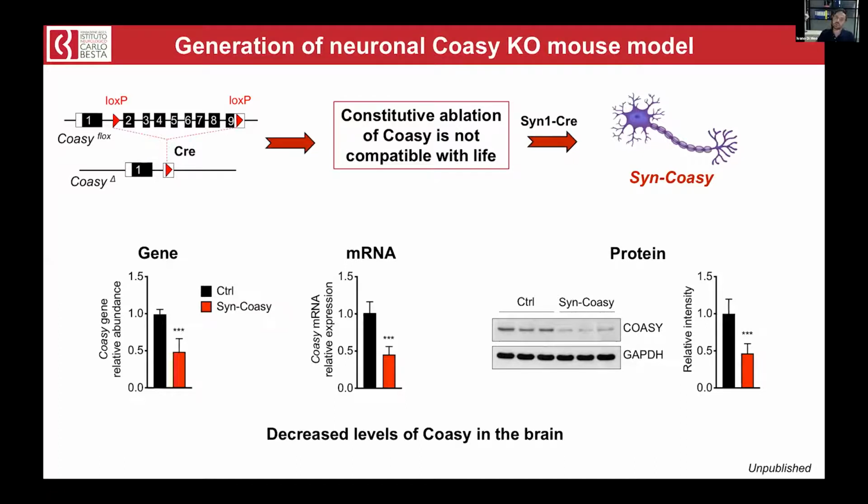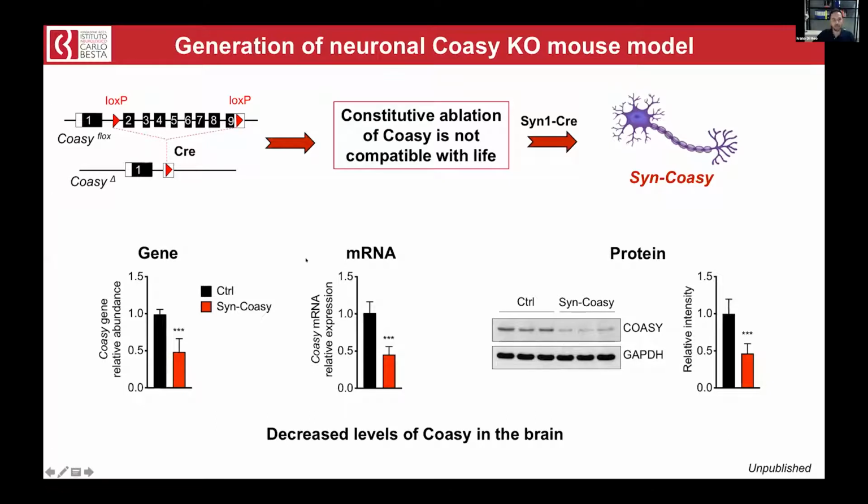So we decided to use some tissue-specific transgenic mice expressing the Cre under the control of a tissue-specific promoter. Here I show you some data about the use of a neuronal-specific Cre expressed under the control of the synapsin-1 promoter, that is expressed in the neurons starting from embryogenesis.